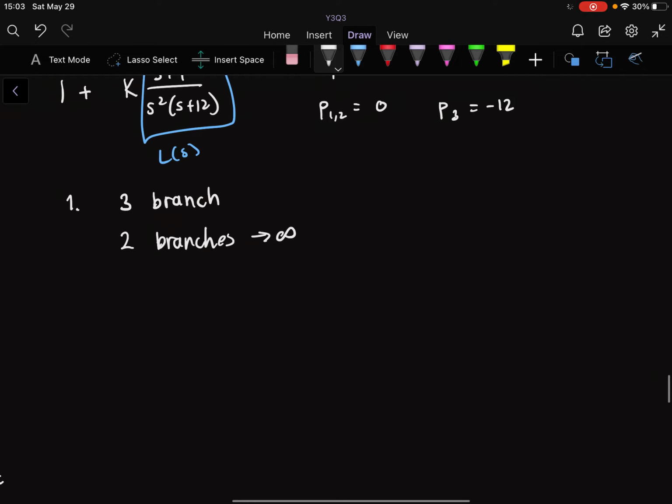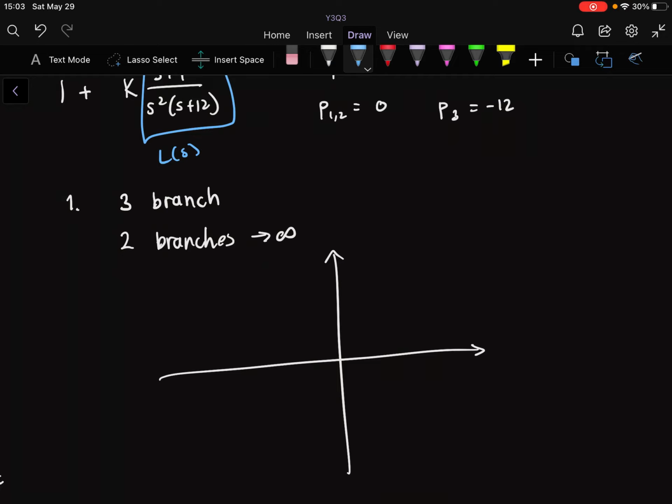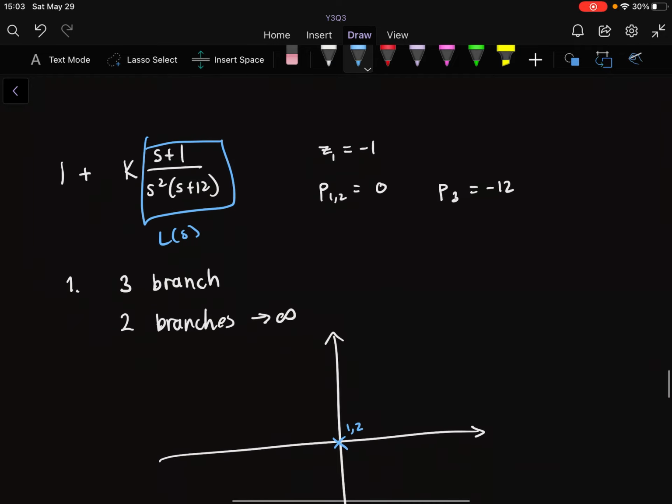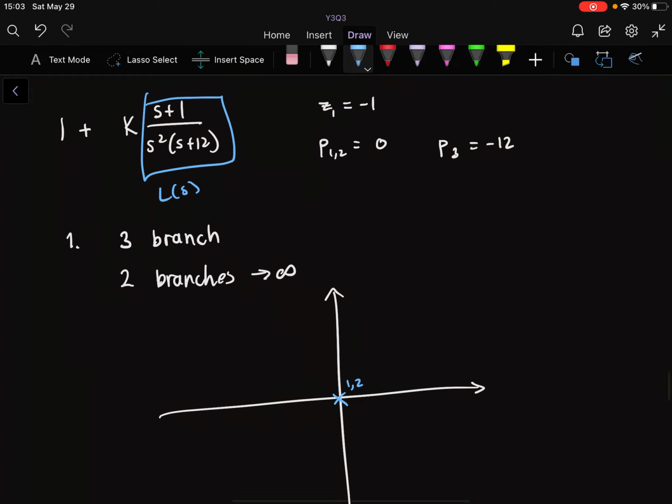And then we will calculate, let's draw it first. Okay. So we have poles 1 and 2 at 0. Make this slightly smaller, I guess.